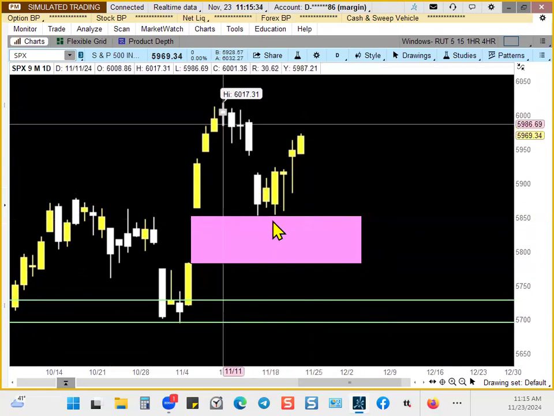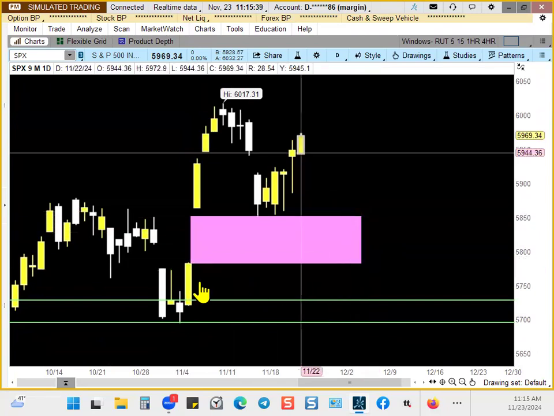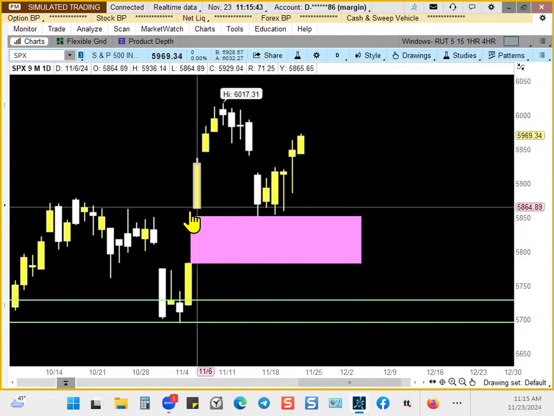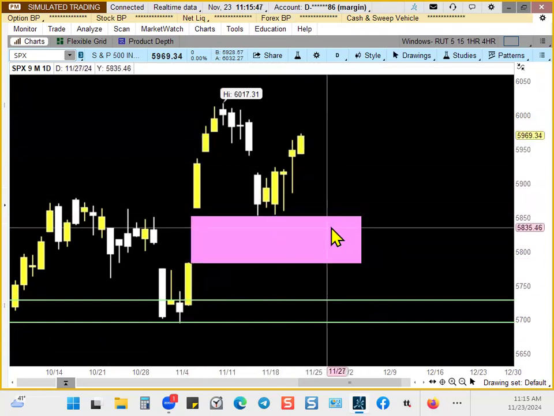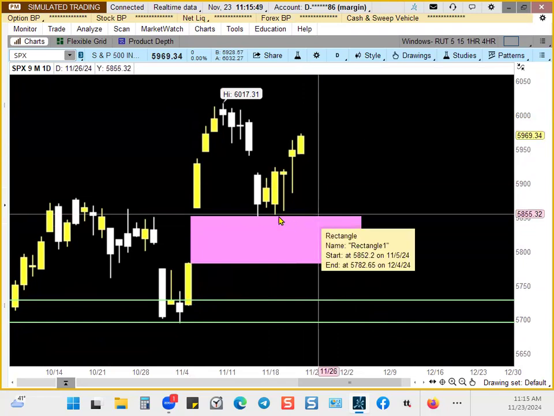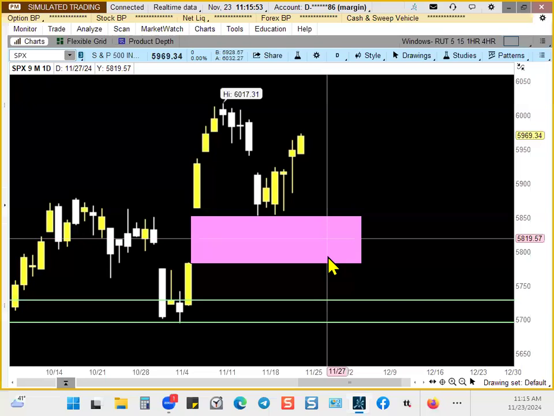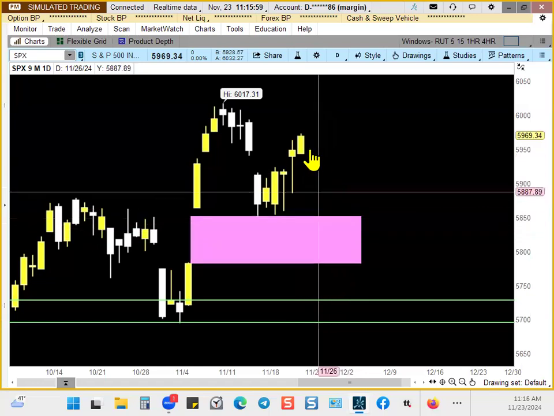I kind of prefer to look at the gap as, like I said, extra cushion of support or resistance. In this case, I'm looking at it like, okay, if price comes back down here, I'm going to be watching. I'm expecting buyers to push this up. So I'm sitting in here waiting to do a put credit spread because I think the buyers are going to push the price up.